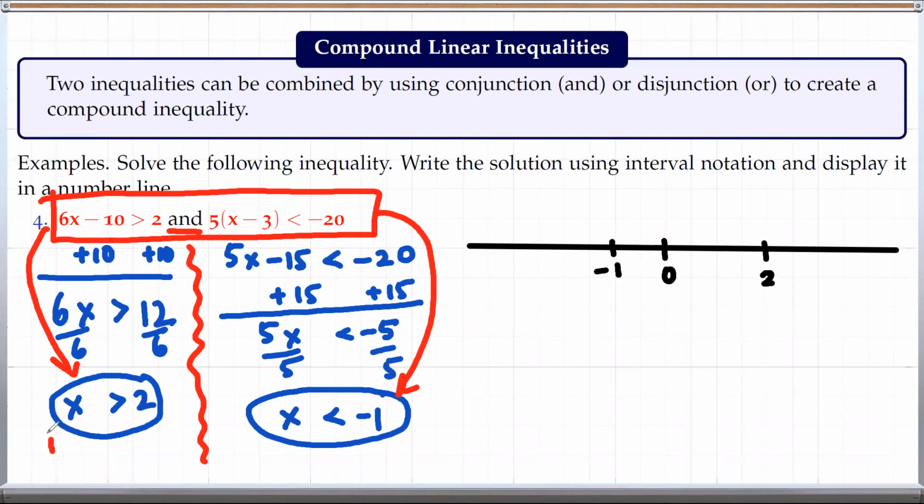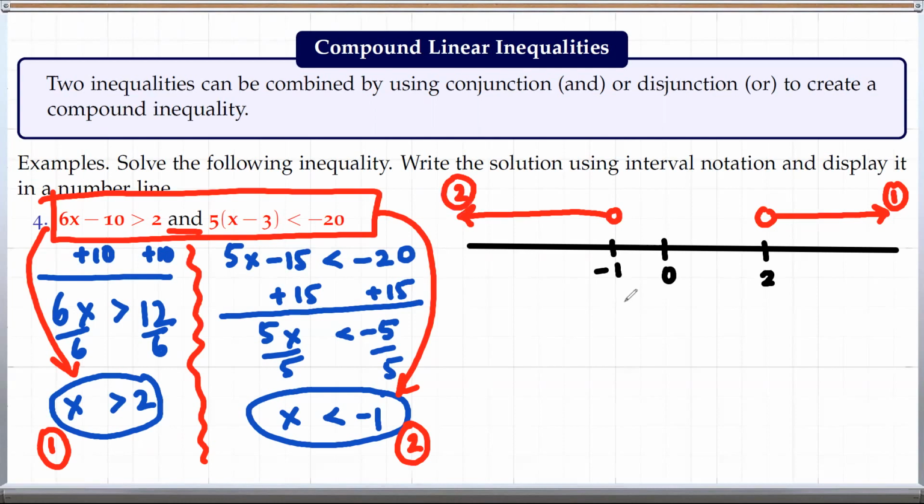If I call this 1, x greater than 2 is something like this, x strictly greater than 2 is all the numbers to the right of 2. So this is the solution for 1. And for the second one, if I call this one 2, we have x less than -1, so all the real numbers to the left of -1. So this is 2.